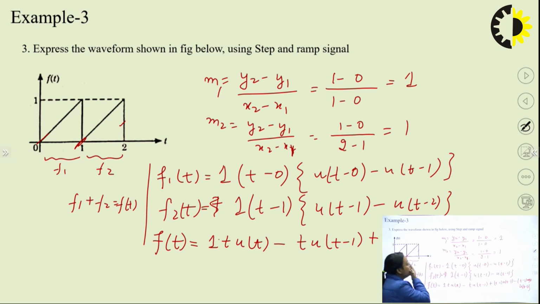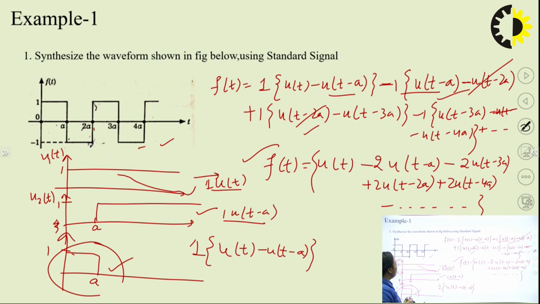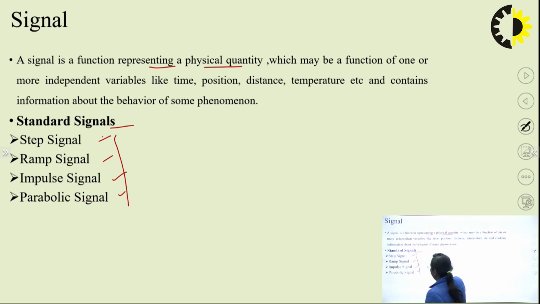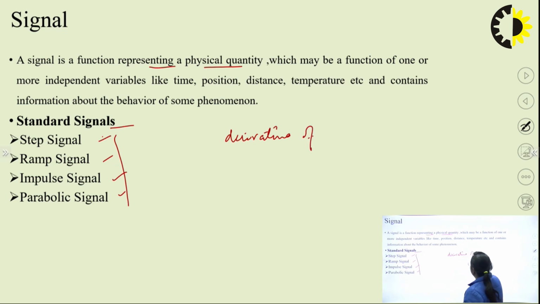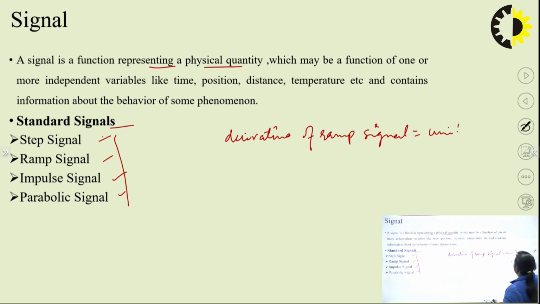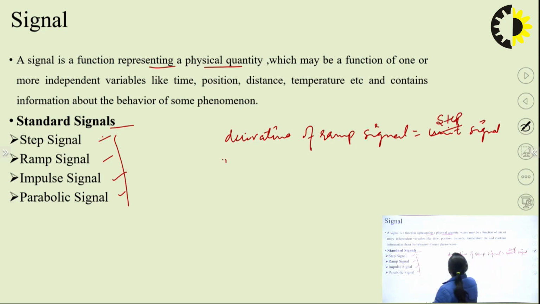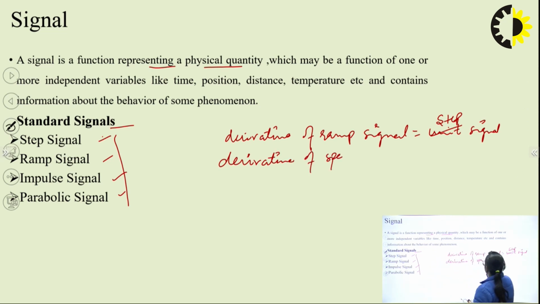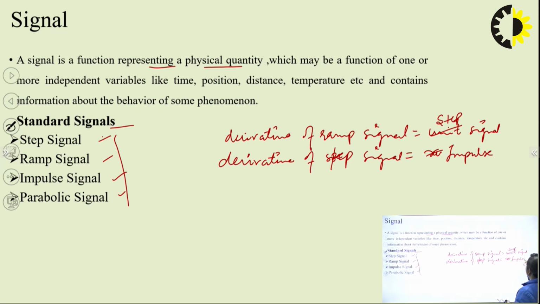So a point I have missed is the relationship between these step signal and ramp signal. So the derivative of ramp signal is your unit step signal, and the derivative of step signal will be equal to your impulse signal.